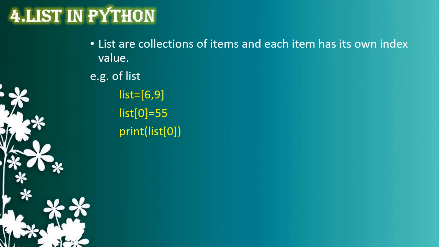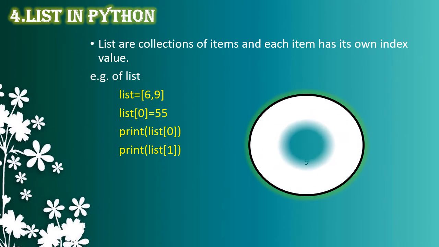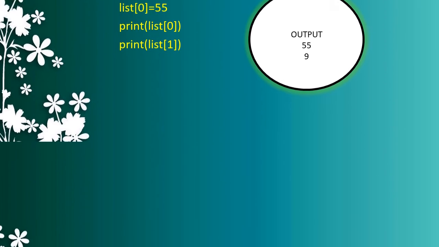Now if you print list of 0, what will it be? The 55 will be printed, and list of 1 will print 9. That means the values are changed. Instead of 6, by the second statement, the value of the 0th position of the list is changed to 55.